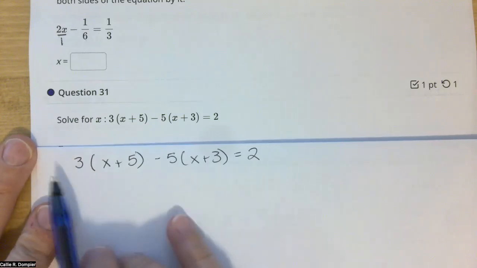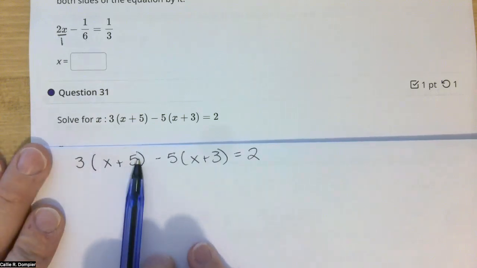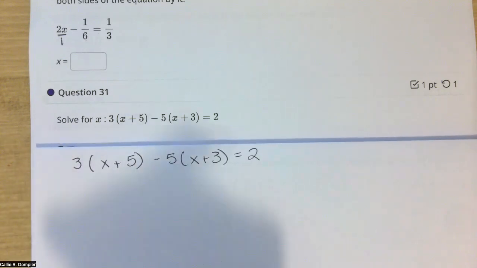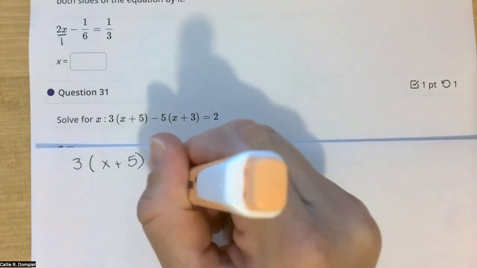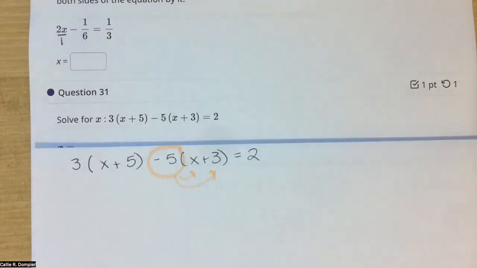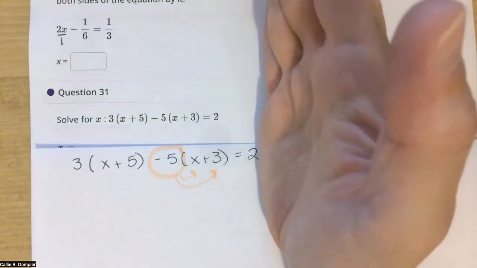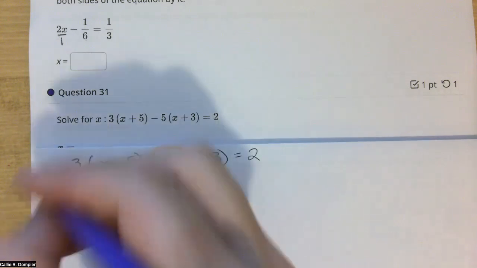The first thing we're going to have to do is distribute this 3 to the x and the 5, then distribute that -5. Note that that's a -5, okay? I'm going to distribute that -5 to the x and to that 3. Then we'll combine like terms. Then we'll keep the x on the left side and the constants on the right side. Move them over to the right side. Then we'll divide by whatever x is being multiplied by. Sound good?